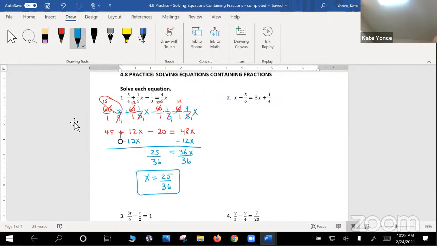So it would be 12 over 1 times x over 1, minus 12 over 1 times 5 over 6, equals 12 over 1 times 3x over 1, plus 12 over 1 times 1 over 4.